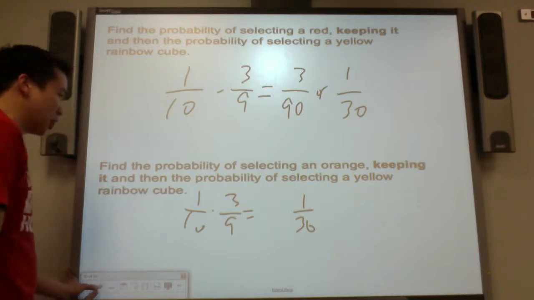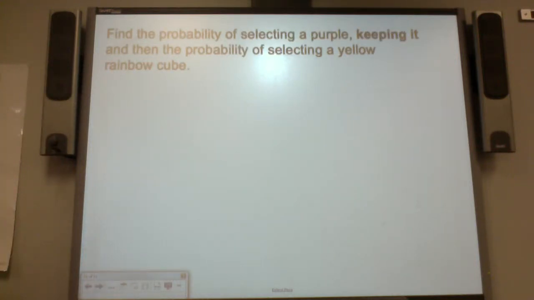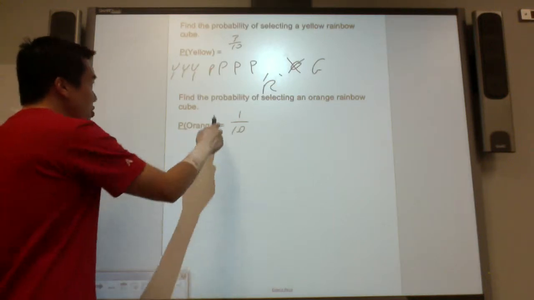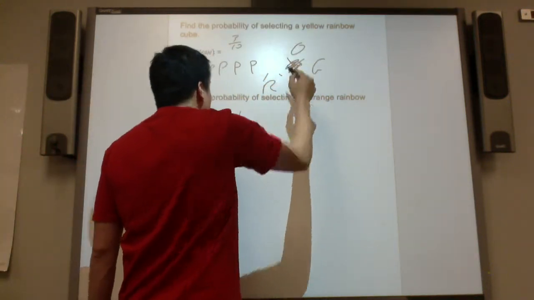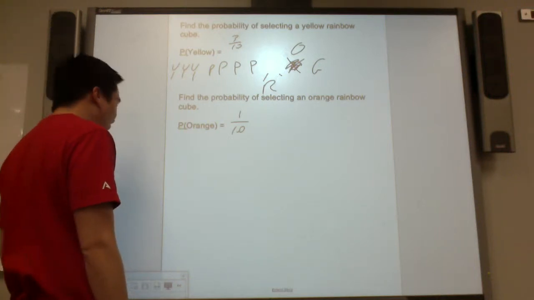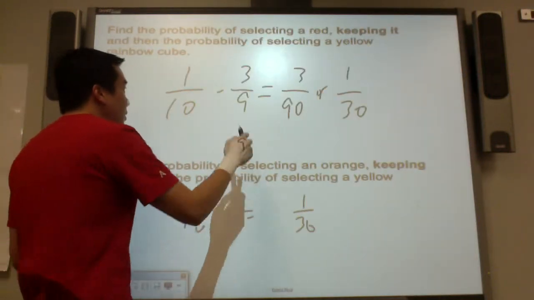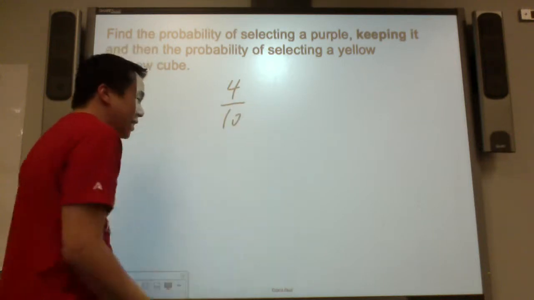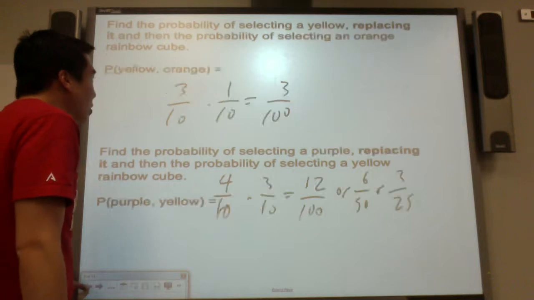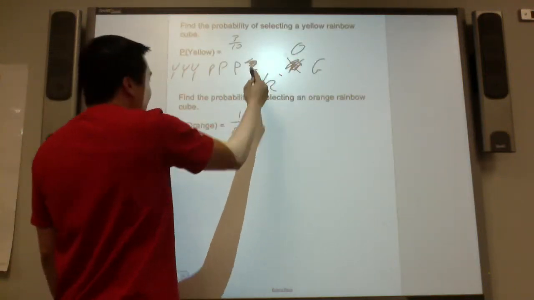And let's do our last question about this. Find the probability of selecting a purple, keeping it. So how many purples do you see? Oh, let's return back to orange. There are 10 in the bag. How many purples do you see? I see 4 purple out of 10. Remember, I am keeping that purple I took out. Now I want to find the probability of getting a yellow. So I keep this purple. No more.